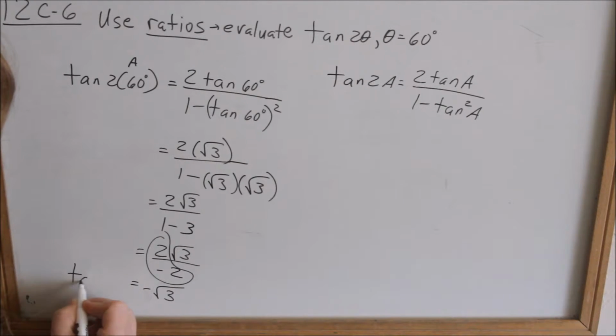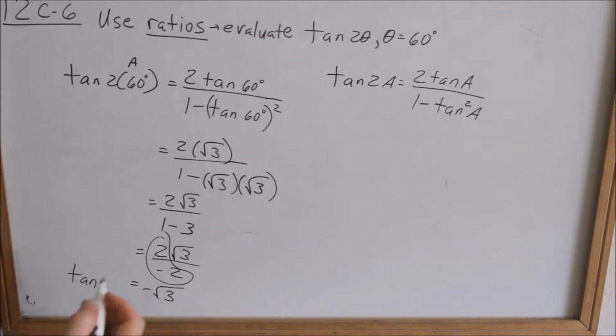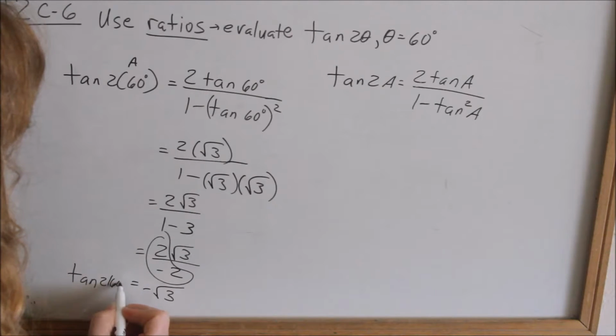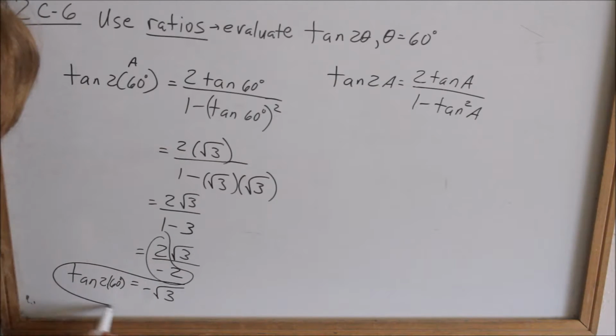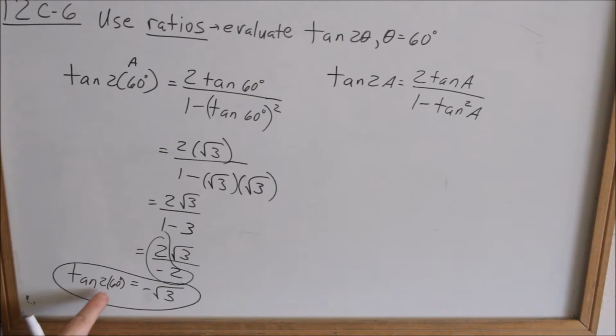So basically we found that tangent of the double angle, 2 times 60 degrees, is negative square root of 3. You can even put tangent of 120 degrees in your calculator to get a decimal, and that should be the same decimal as negative square root of 3.